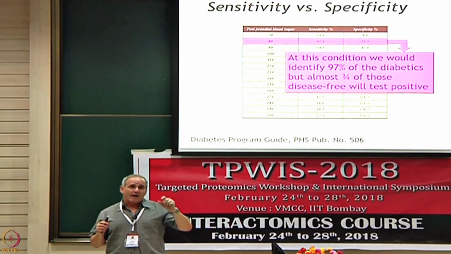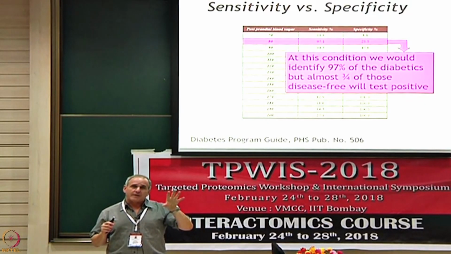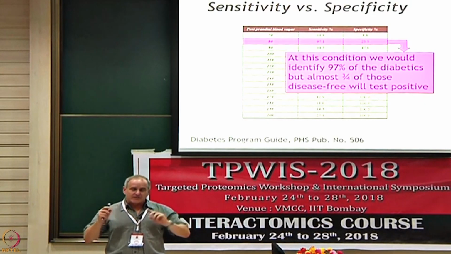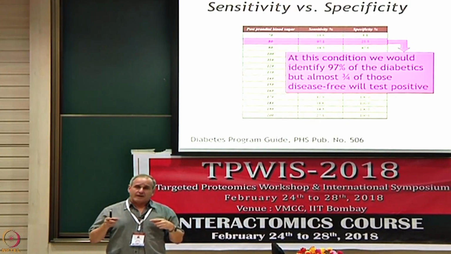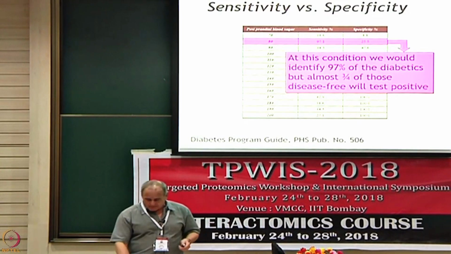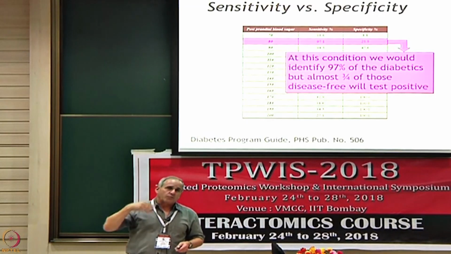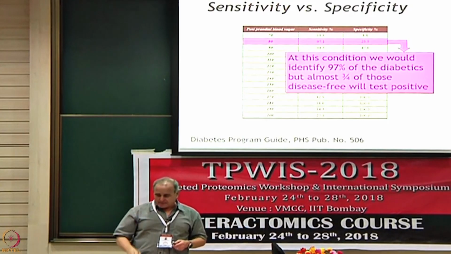The test will be positive in the presence of disease 97% of the time. But 3/4 of the people who have no disease will also test as if they had diabetes. So you won't be very specific. So a huge amount of false positives, right?